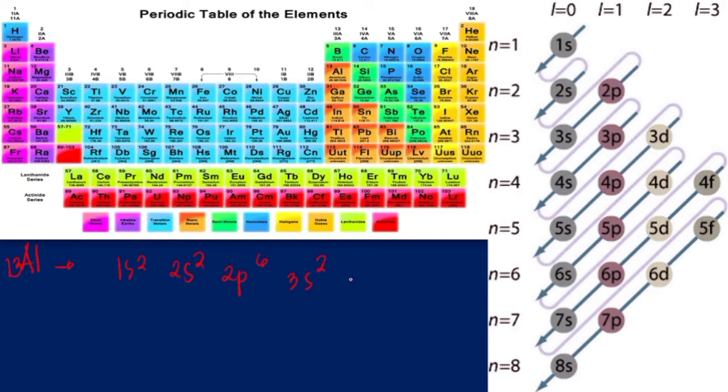And then 3p1. Okay, so if we count the number of electrons that we have distributed, that's equivalent to 13.